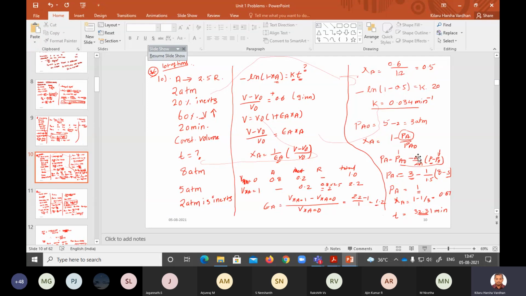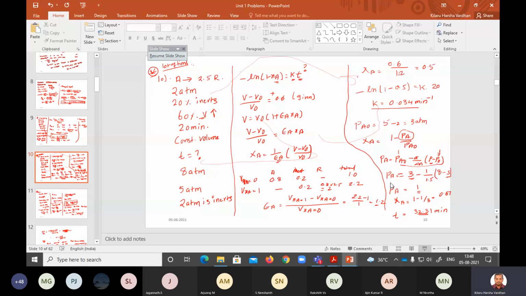A is the coefficient of A. Delta N is the coefficients of products minus the coefficients of reactants. P is the total pressure, and P naught is the initial total pressure.